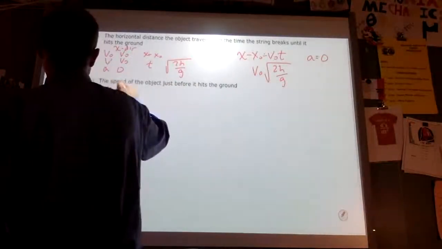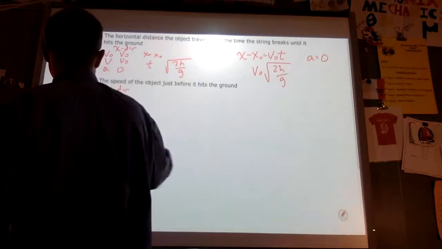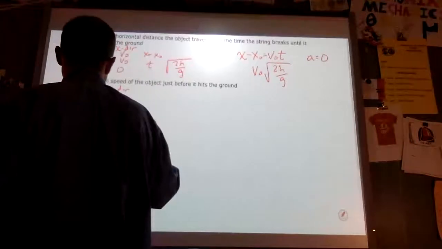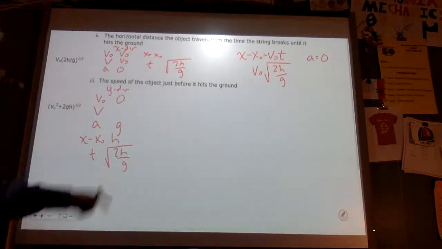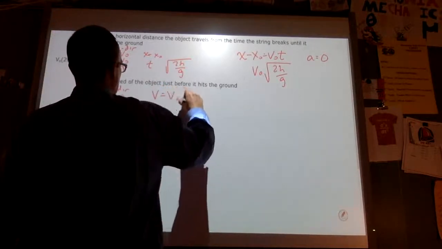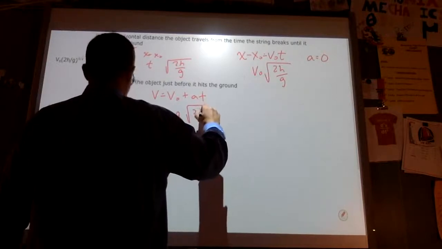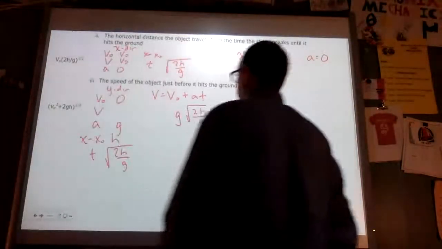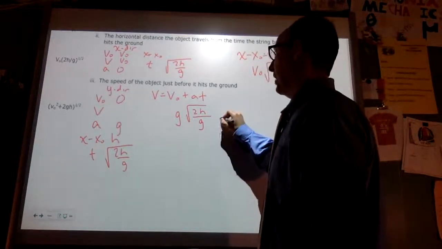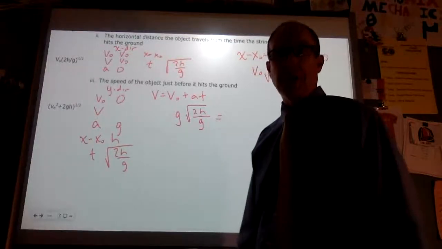So in the y direction, this is 0, this is g, this is h, this is radical 2h over g. I can get the final velocity in the y direction. So this is going to be g times radical 2h over g, which I can rewrite. g is just the square root of g squared.